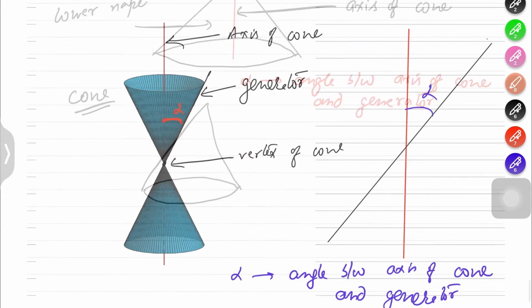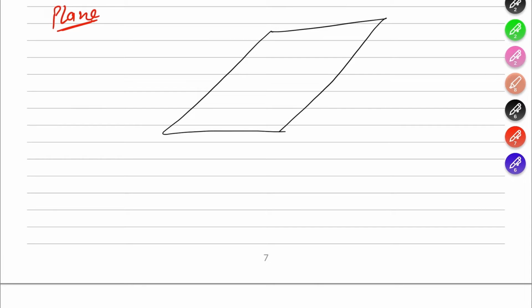Next we see what is a plane. The conic section means the intersection of a cone and a plane. We already know what is a cone, now let's see what is a plane. A plane is a structure like this, and it is extended in all directions in 2 dimensions.